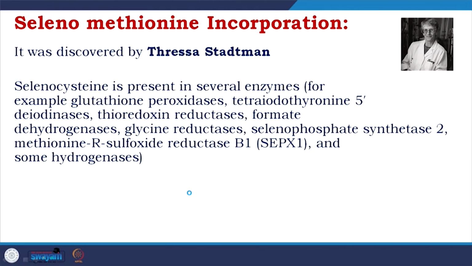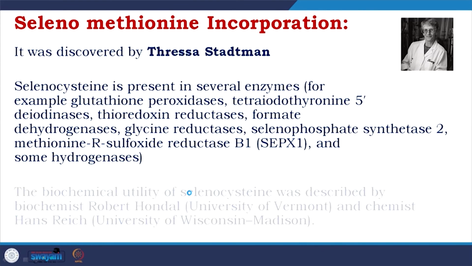Selenocysteine, so I talked about selenomethionine, another sulfur analog is selenocysteine. Selenocysteine is present in several enzymes: glutathione peroxidases, tetraiodothyronine 5' deiodinases, thioredoxin reductases, formate dehydrogenases, glycine reductases, selenophosphate synthetase 2, methionine R sulfoxide reductase B1 or SepX1 and some hydrogenases.